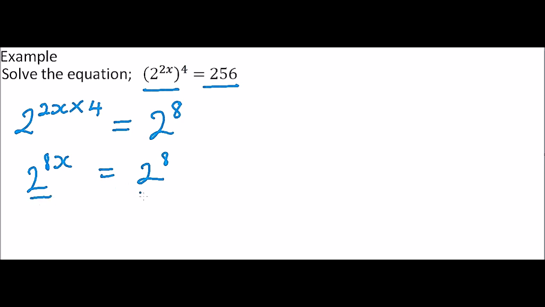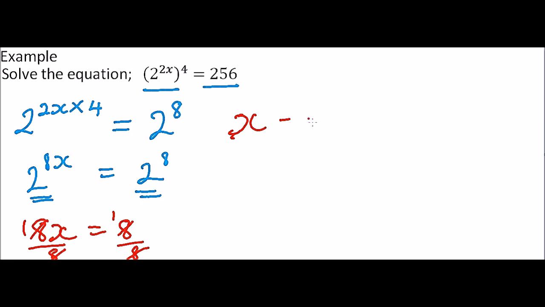Now we have a common base, and if the two sides are equal, then the indices are equal. So 8x is equal to 8. We divide both sides by 8. 8 divided by 8 is 1, and therefore our x is equal to 1.